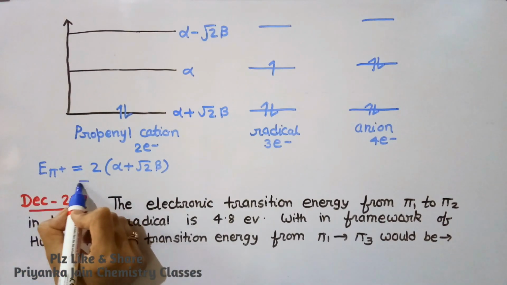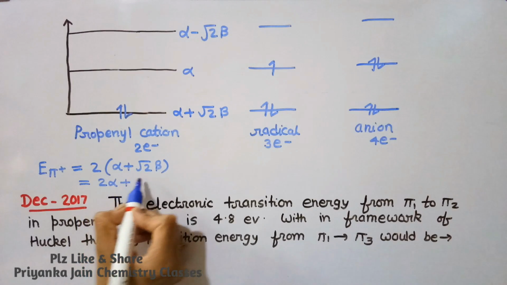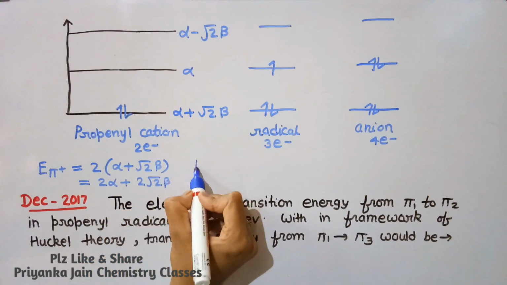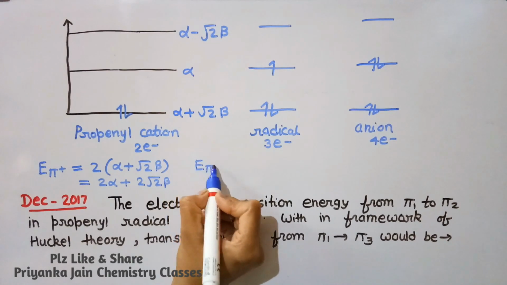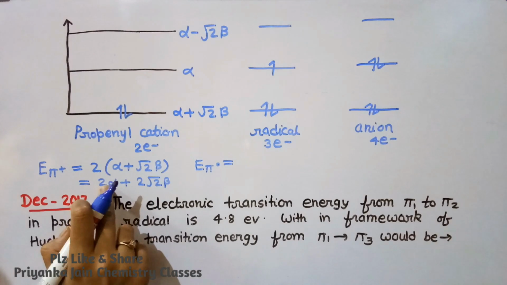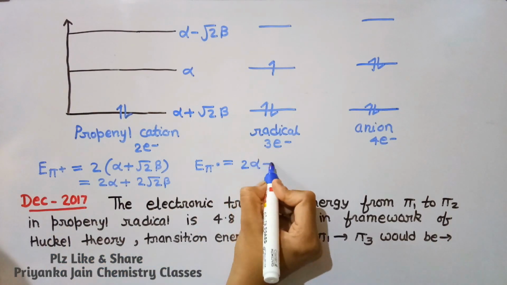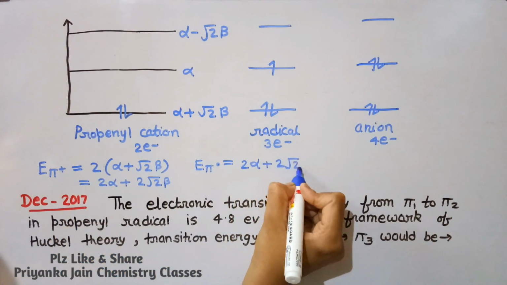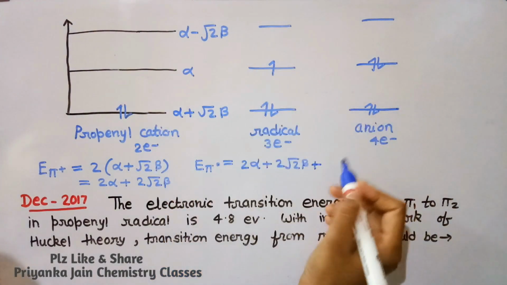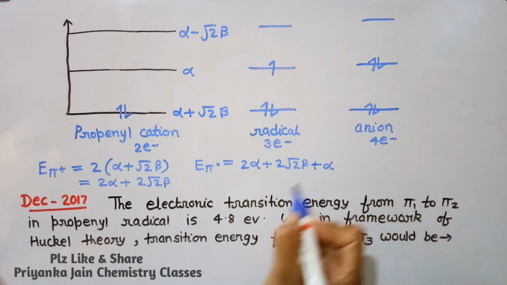Or we can write it as 2 alpha plus 2 root 2 beta, right? When we are seeing the pi electron energy in the case of the radical, then this will be equal to this one, 2 alpha plus 2 root 2 beta, then 1 electron is here, so plus alpha, so this will be in this way.